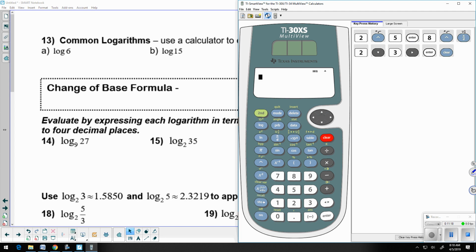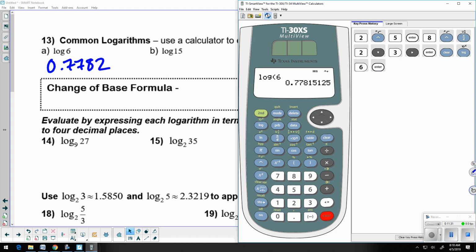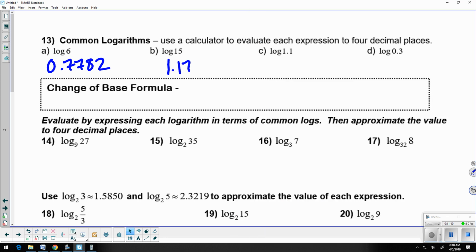If I type in log 6, and again rounding to 4 decimals, you get about 0.7782. The next one, we're doing log 15. I'm just going to type in log 15, and you should get about 1.1761.